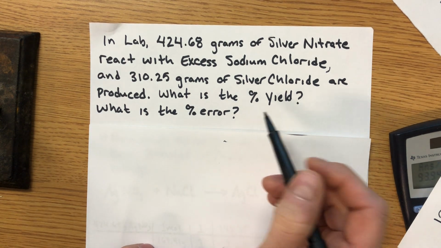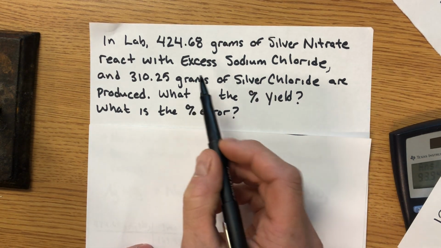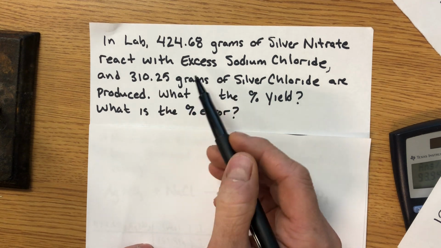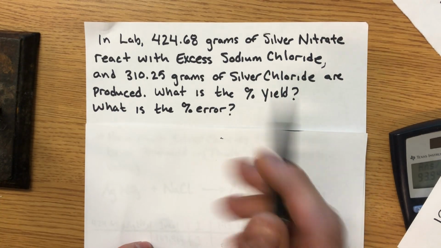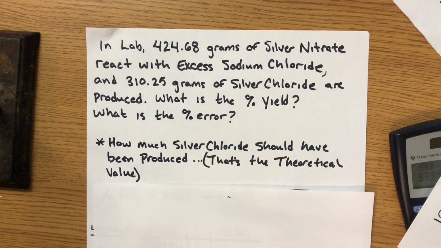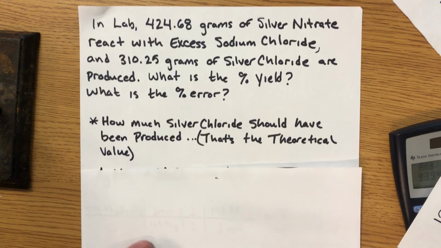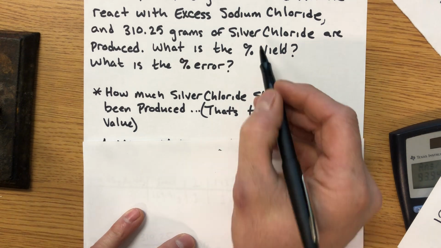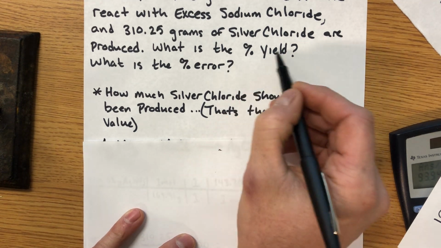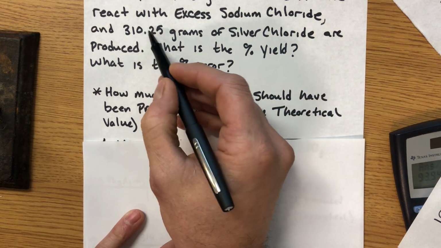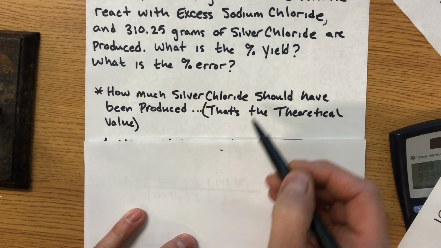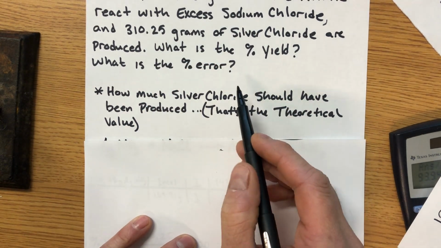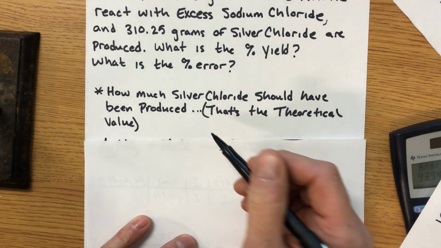And here, you've got quite a bit of work to do because you don't have a reaction to work with. You are going to have to come up with that, and that's fine. I'll help you with that. But to answer these, we have to have a theoretical yield. We've been given an actual value, but to do percent yield and percent error, we also have to have a theoretical value.